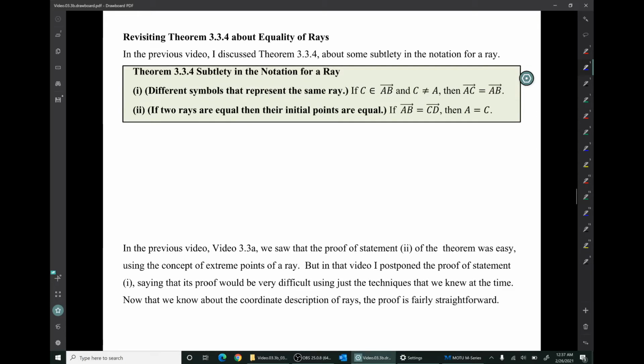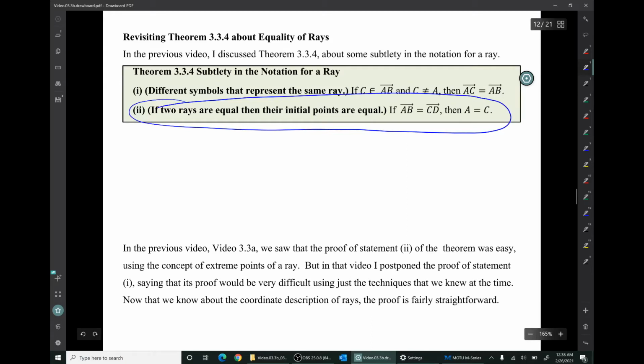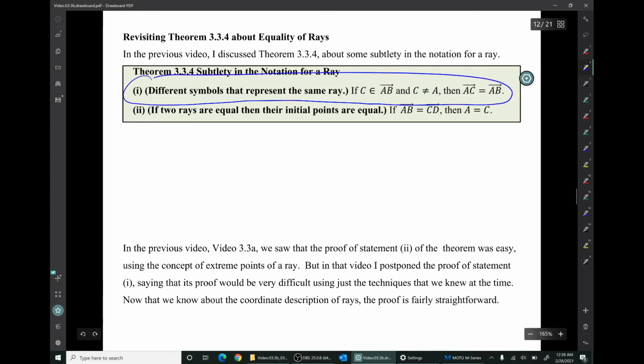This theorem was about some subtlety in the notation for a ray. The second part of this theorem was fairly straightforward. If two rays are equal, then their initial points are equal. We proved that in the previous video, just using the concept of extreme points of a ray. But the proof of this first part of the theorem, let me illustrate that.